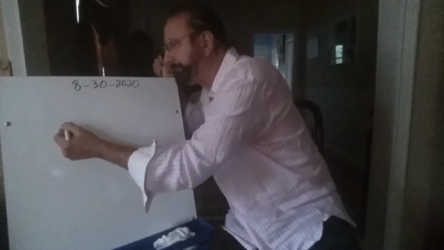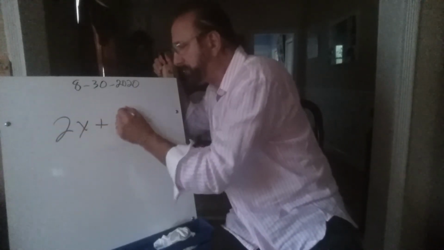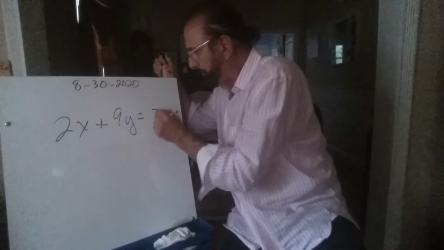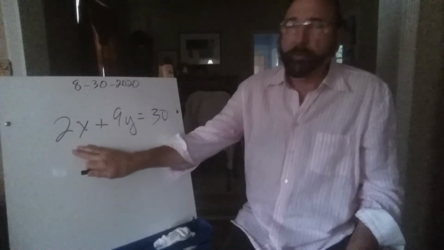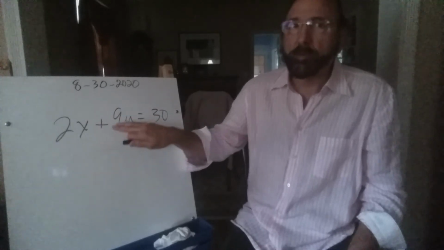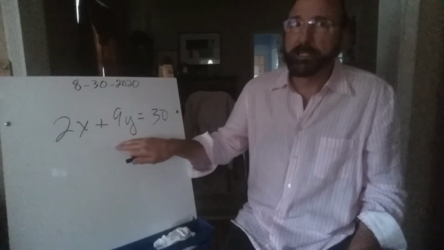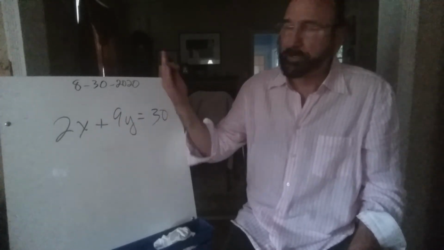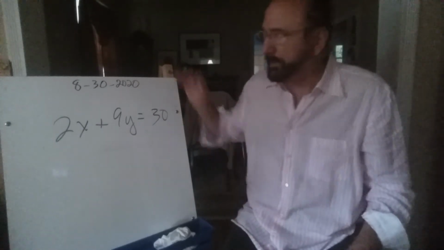If you have 2x plus 9y equals 30, remember I told you this is the standard form of a linear equation. A linear equation has a graph of a line.